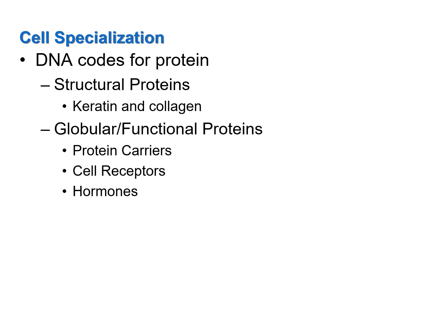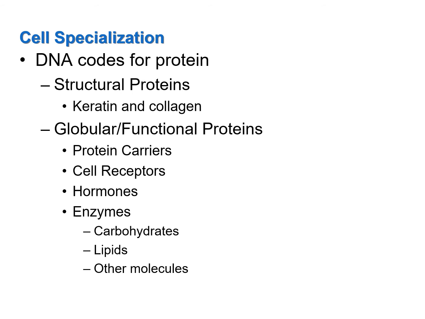Now you may ask the question, well, what about other substances that aren't proteins? How does DNA affect the metabolism, be it the production or breakdown of non-protein organic compounds?